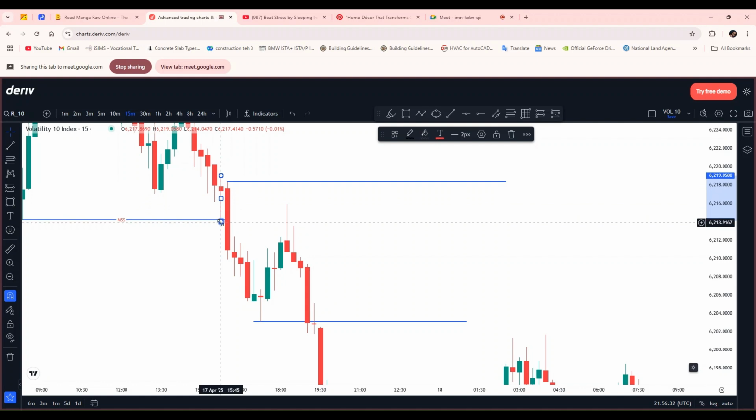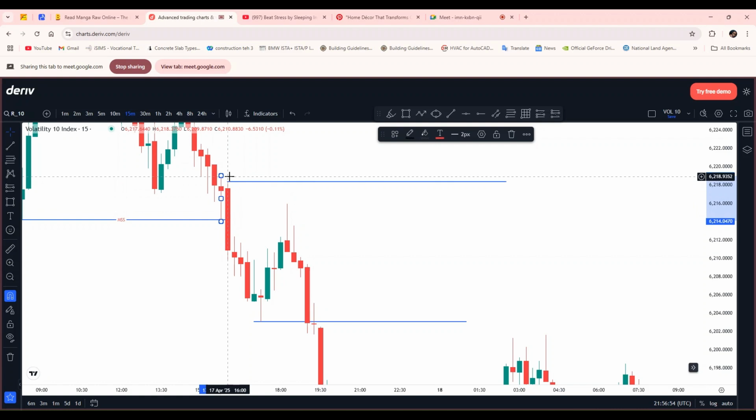Then a major rejection came in. Buyers rejected, pushing up price all the way back to this peak till finally it closed here. So the market sold first, then buyers came in and bought up the market.